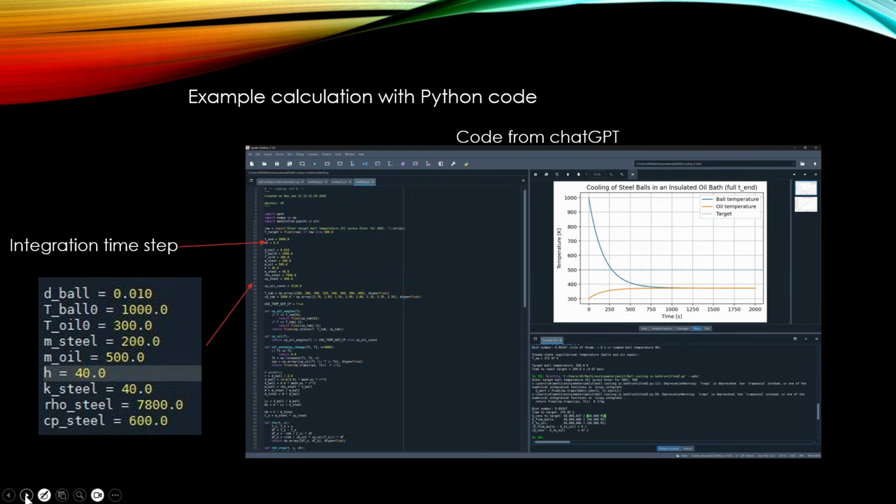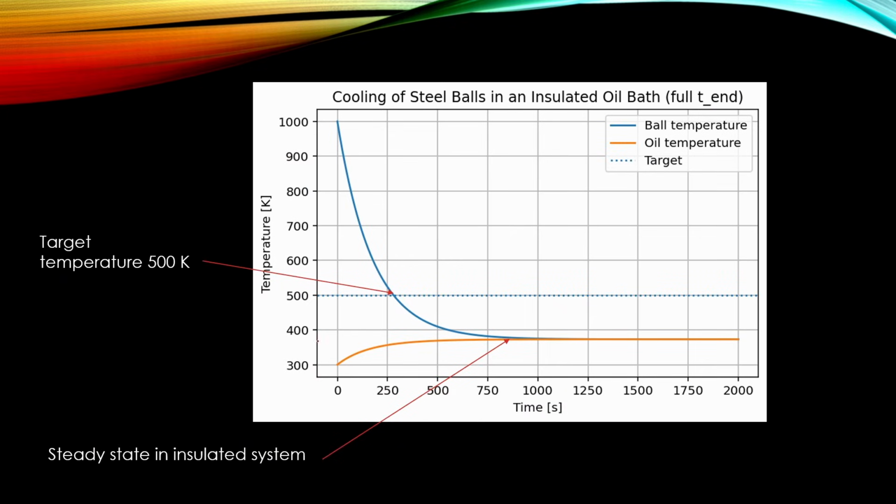And here we see the result, and we can see that if the initial temperature is 1000 kelvins, it takes around 280 seconds to reach the 500 kelvins, and to reach the final temperature it takes around 900 seconds, and the final temperature of the ball is the same as the temperature of the oil, and it seems that it's around 370 kelvins.